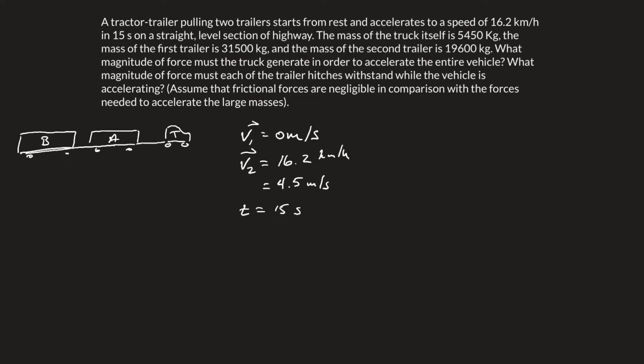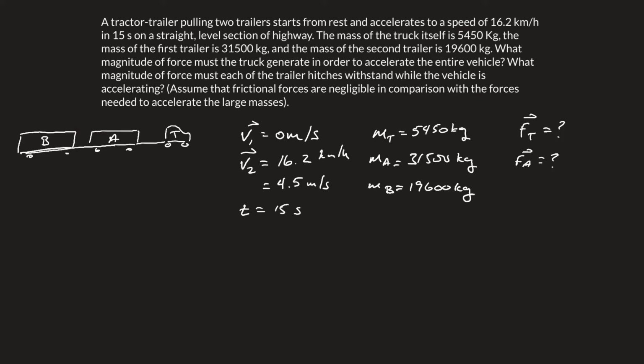We also know a couple of masses. The mass of the truck, 5,450 kilograms. The mass of A, 31,500 kilograms. And the mass of B, 19,600 kilograms. We're looking for the force required by the truck, the force of A, and the force of B.